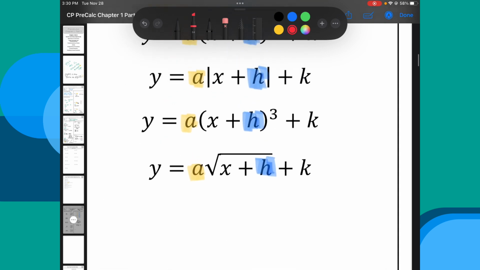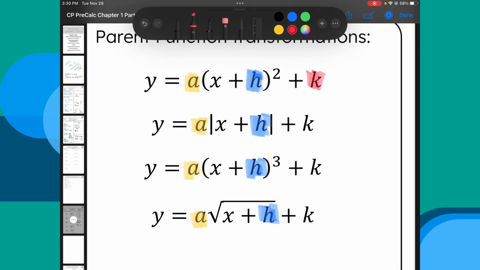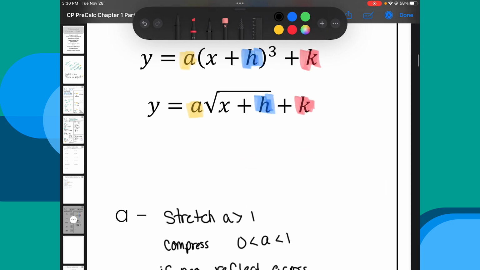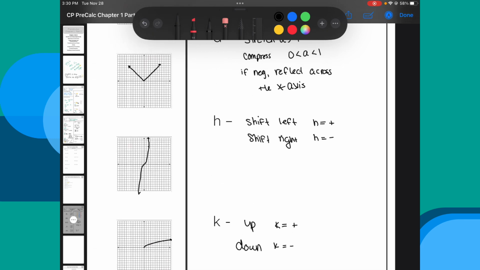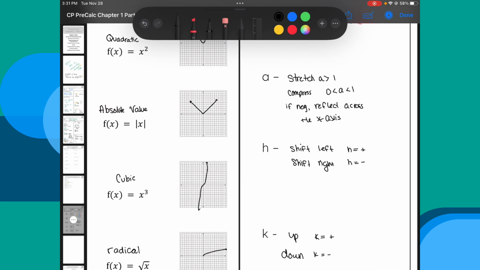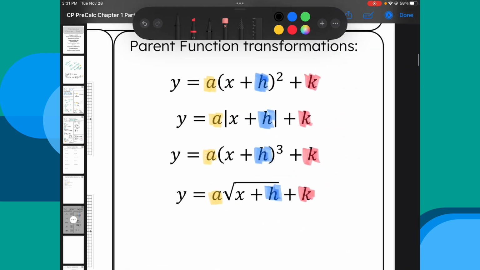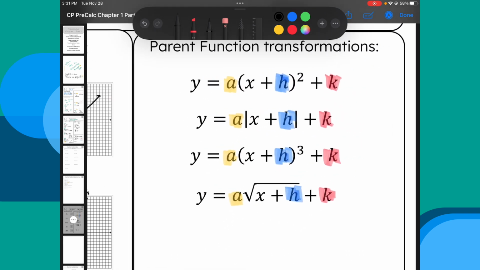The last value that we have is k. And notice k is outside of our parent function. It's not contained underneath like the h. And the k value will move our function up if it's positive. And it will move the function down if k is negative. Those numbers, a, h, and k, they all affect the parent functions the same.